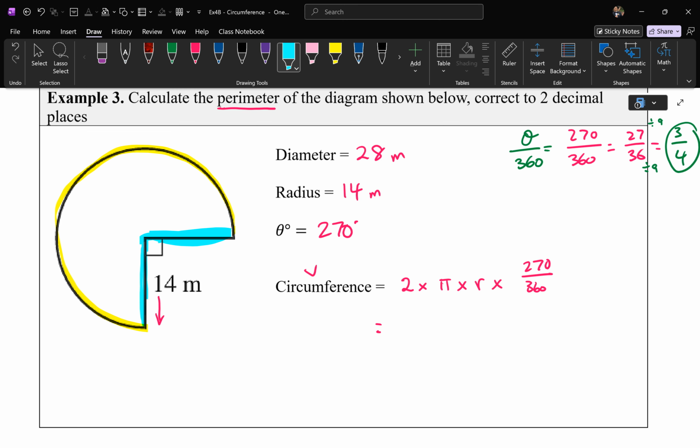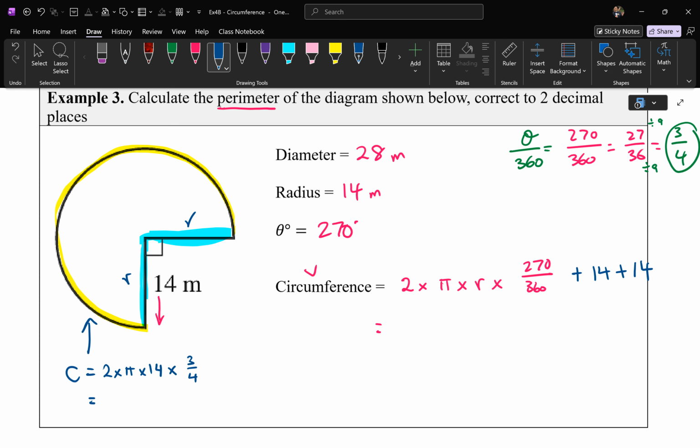So here, let's calculate it. Remember to add the 2 radii at the very end, because you've got those extra 2 radii that you haven't accounted for. The circumference only tells you the curved surface. So circumference, you would calculate as 2 times pi times 14 times 3/4.